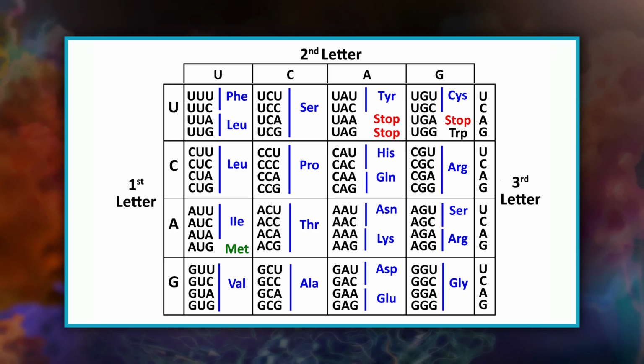Of these, 3 are stop codons that signal the end of translation. This gives rise to a situation where one amino acid is represented by multiple codons, and the aminoacyl tRNA synthetase enzyme as well as the tRNAs have to accommodate this redundancy.